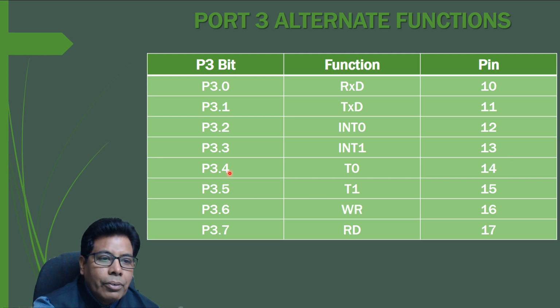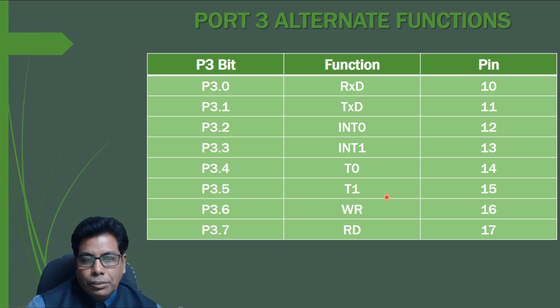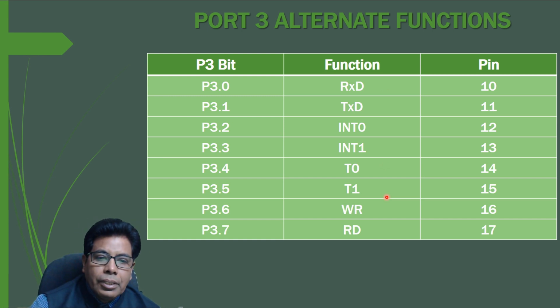Then P3.4 and P3.5, they are the T0 and T1, timer 0 and timer 1 inputs. Then P3.6 and P3.7, they are for the write and read signals. They are pin numbers 16 and 17. So these are the alternate functions of port 3 apart from being used as an input and output port.